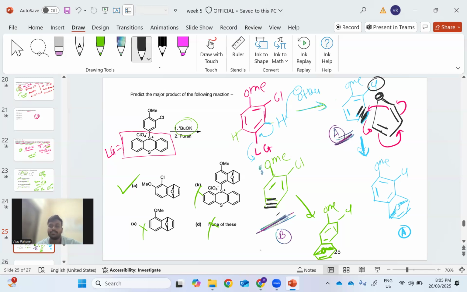But if you look at the effect of this chloro, because of this chloro the intermediate A is more stable, because chloro also has the electron withdrawing inductive effect, and that helps to form the A benzyne as a major product. That's why this is the major, and therefore option A is the correct option, not the one which is this one, right? So we got the answer for this one.